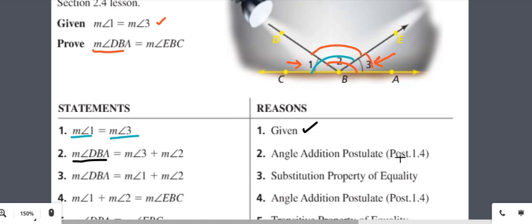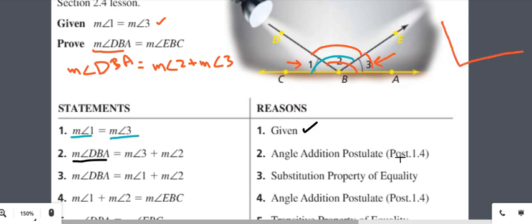Are you getting this point? Measure angle DBA is the sum of measure angle 2 plus measure angle 3. Okay, this is basically which property? The angle addition postulate.